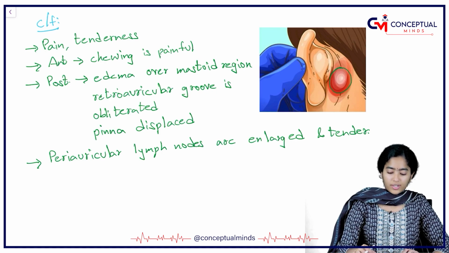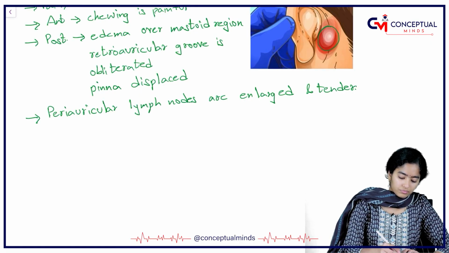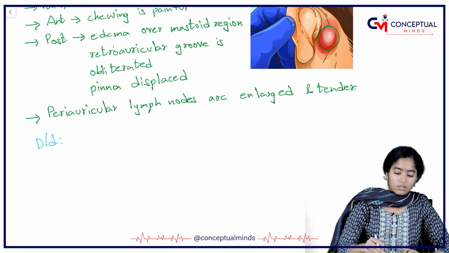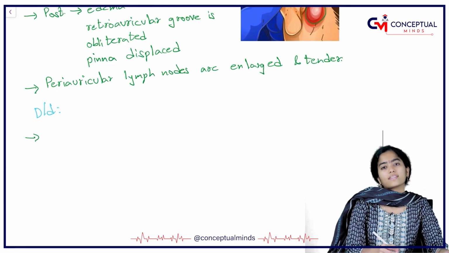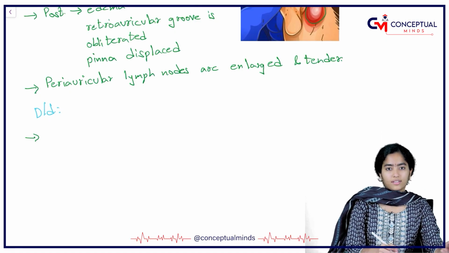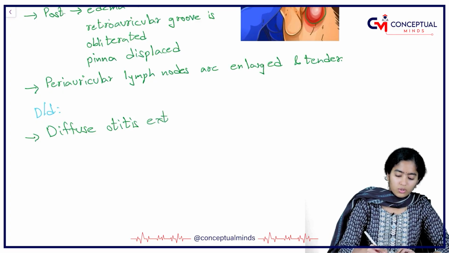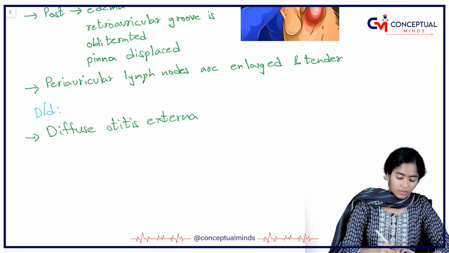What are the differential diagnoses? Conditions resembling furunculosis. One is diffuse otitis externa, maybe it is not local, and there is diffuse otitis externa because the symptoms are more or less similar for diffuse otitis externa also.